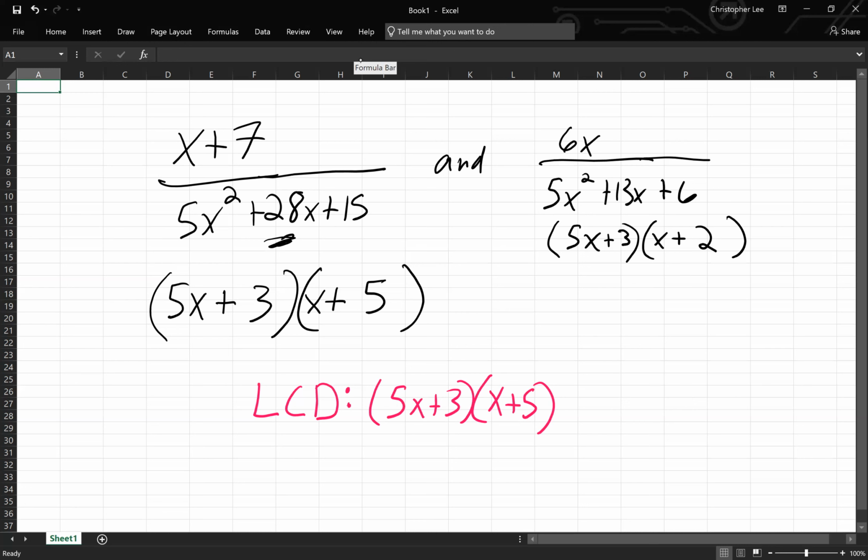I want the LCD to have all the components of both of the denominators. So to add the extra missing component, I'm just gonna put the x plus 2 here. I don't know if that makes sense. That's the whole LCD, this whole thing, so you just type that part in.